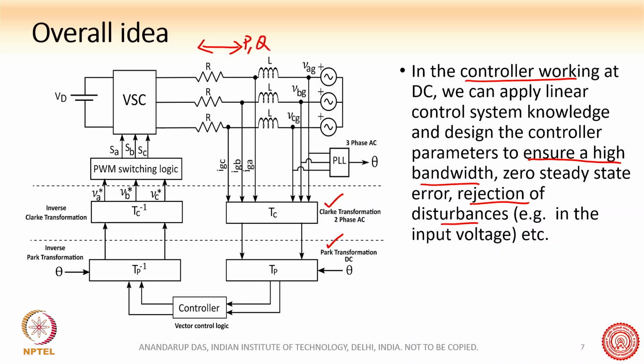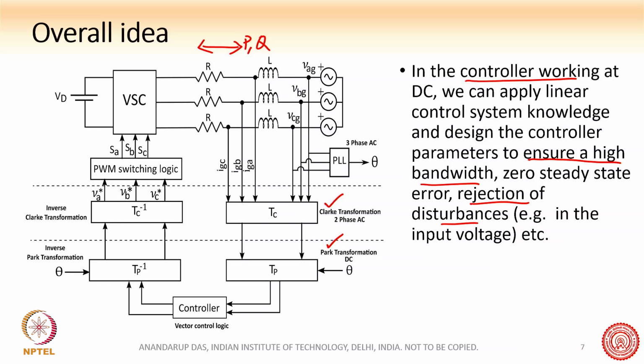When we say decoupled control, we can control P independent of what is happening with Q. For example, Q can be fixed at 1 kVAr while P varies from 1 kW to 10 kW, or the other way around, P fixed and Q varying.